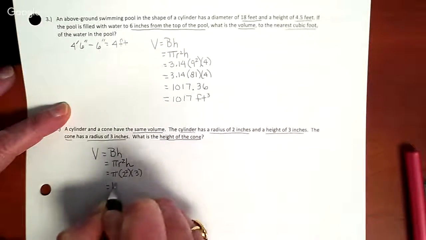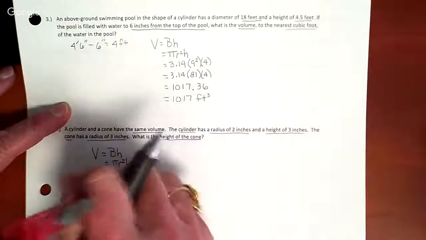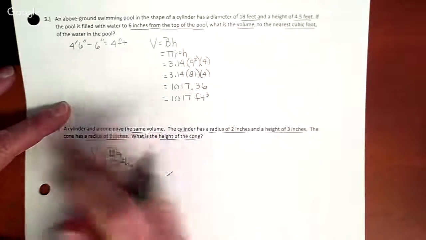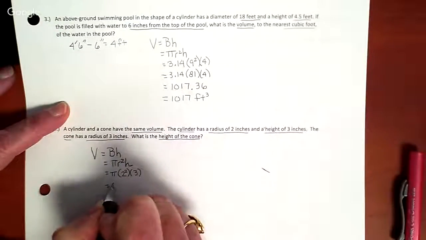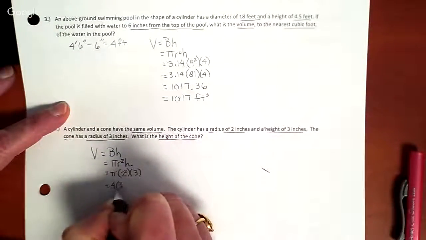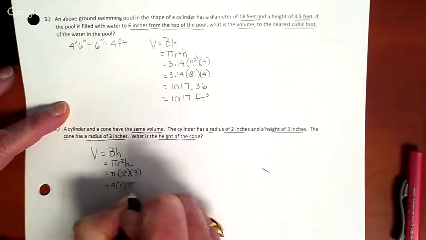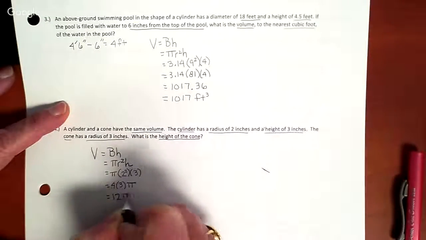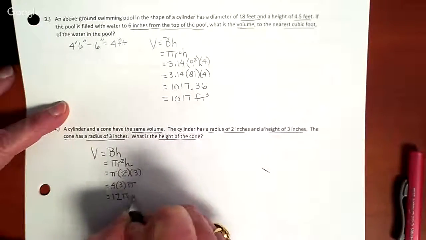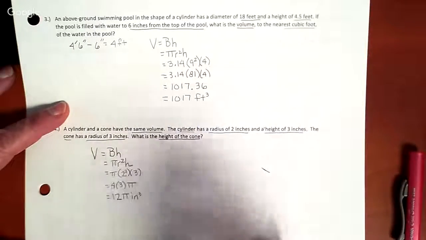So we have pi, let me rewrite this just a little bit. So we have 4 times 3 pi, or 12 pi inches cubed.